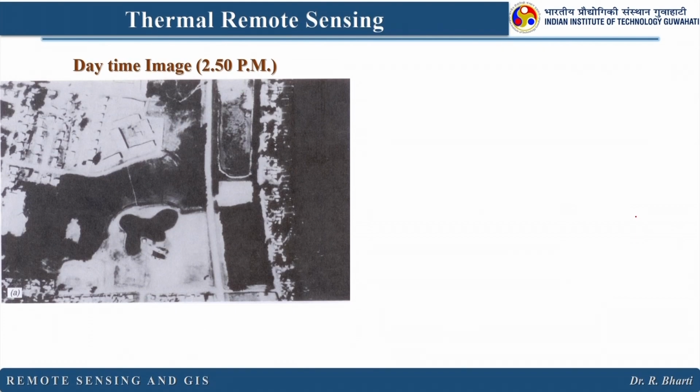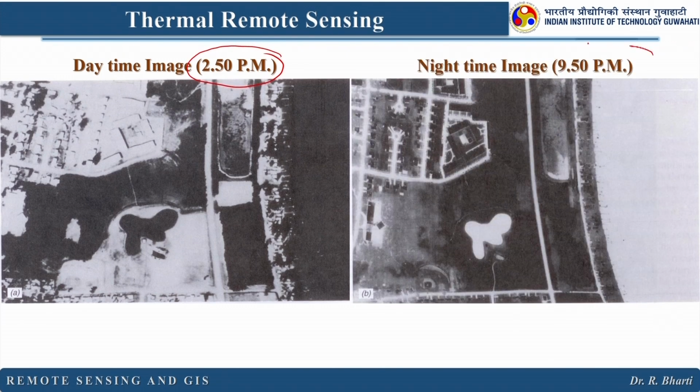So let us see some examples of how these daytime and nighttime images come up. So let us see this daytime image, which is at 2:50 p.m., and this is 9:50 p.m. So we assume that at this time the temperature is maximum on the surface, and this is night time when we expect that it has cooled down.